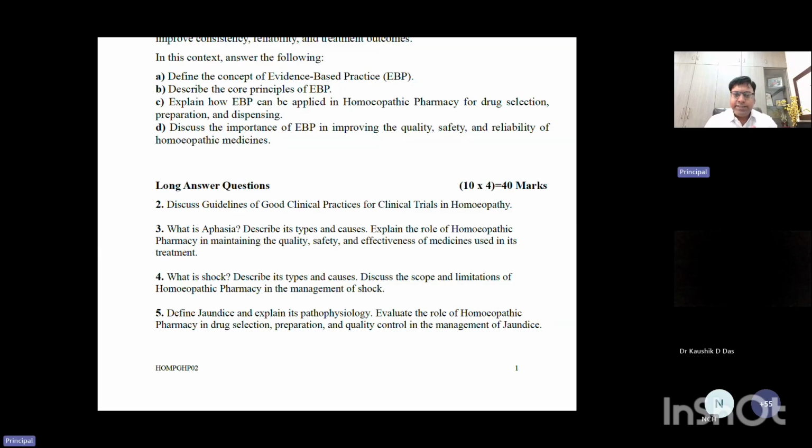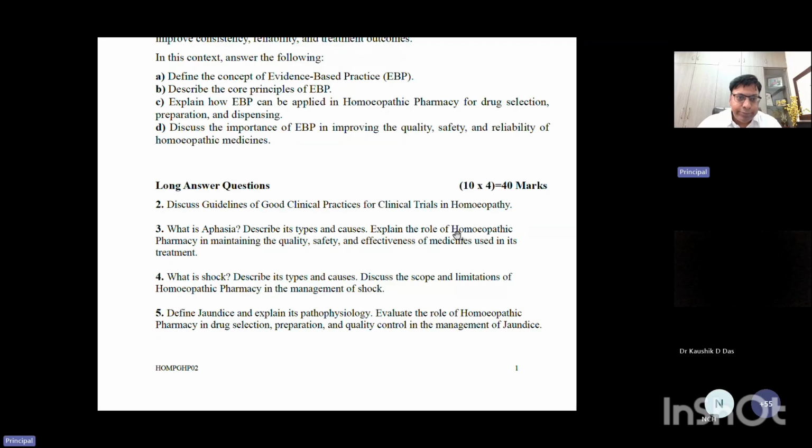But at the same time, this should be correlated with the knowledge of pharmacy also. That is why it is named as fundamentals of clinical medicine in homeopathic pharmacy. That is, evaluate the role of homeopathic pharmacy in selection of drug, selection of methods of preparation, selection of potency, and quality control in the management of jaundice.